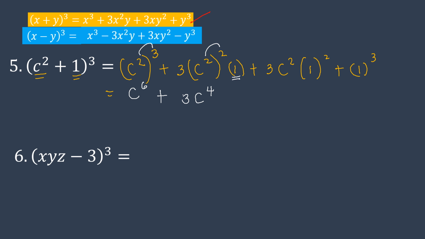That is 2 times 2. And then 1 to the power of 2 is 1 times 1, because remember, 1 to any power is always equal to 1. So therefore, 1 squared times 3c squared will still give us 3c squared. And 1 cubed, that means 1 times 1 times 1, will give us positive 1.